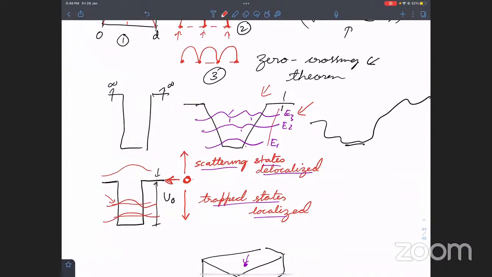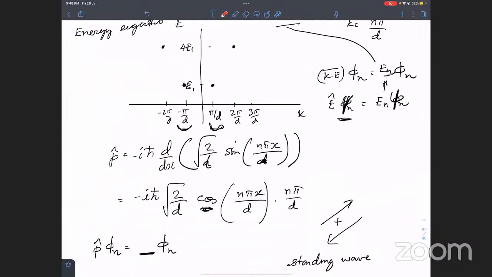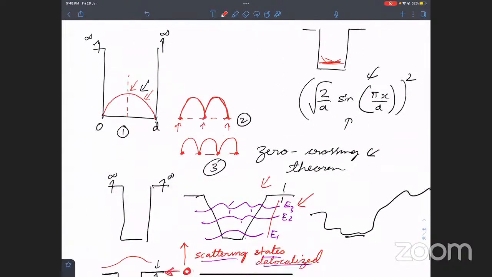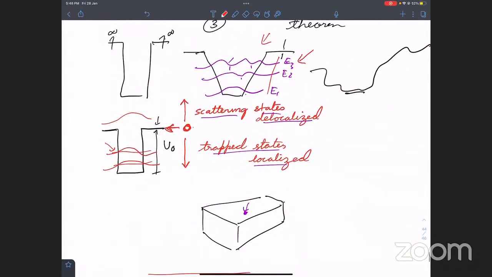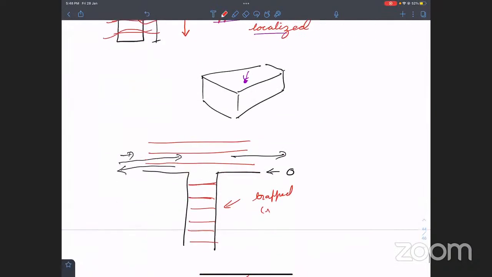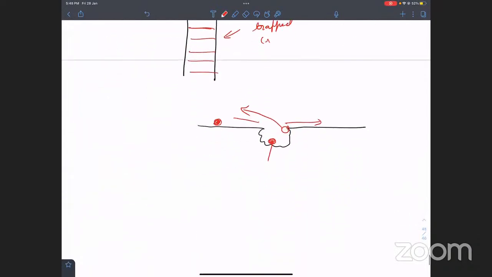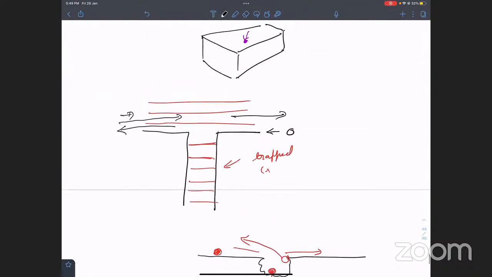We can write these trapped states in this way. This is the wave function, right? What is the wave function for the scattering states? You already know the answer to that. Those are free states, right? We already solved for the wave function in free space. Scattering states are simply plane waves. They're just that only.